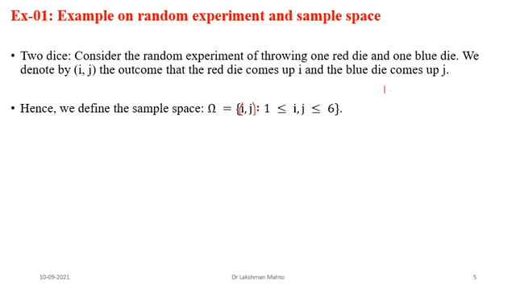What would be the first outcome? Don't call it first, I don't know which would be first or second. Why? The sample space is a set, and a set does not have any order property. Anyone can come first, anyone can come last. I'm not saying order, I'm simply saying that this one is one element, then for simplicity we can say it is the first element, because one always comes first.